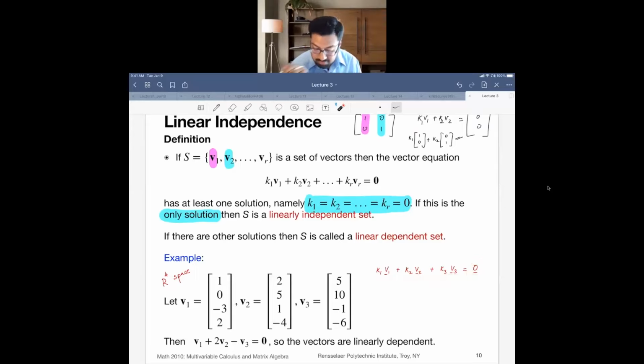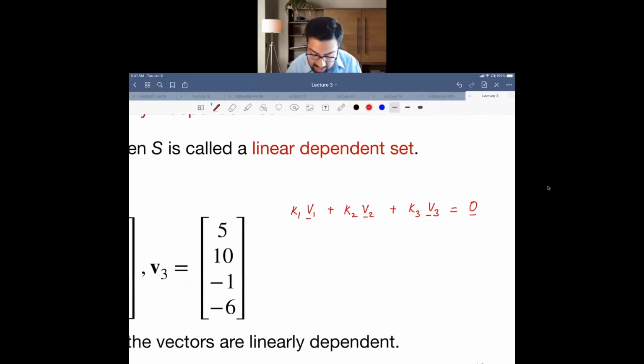So if you are able to find any k1, k2, k3, of course, the trivial solution is always going to be there.